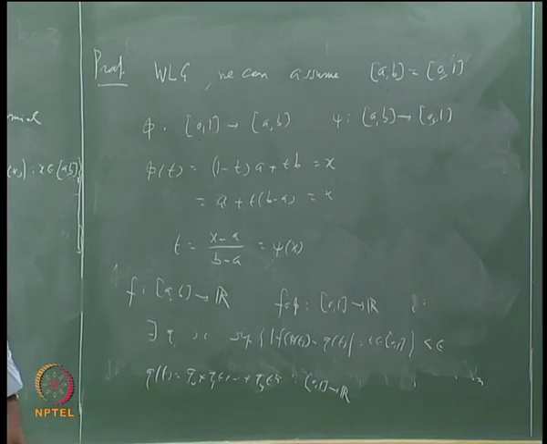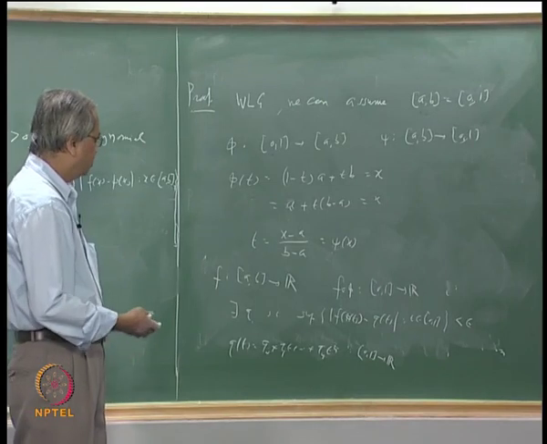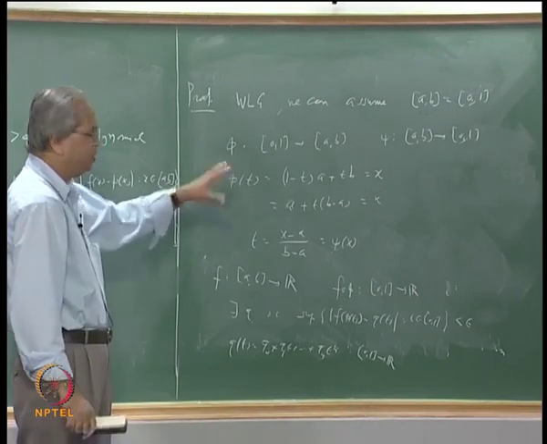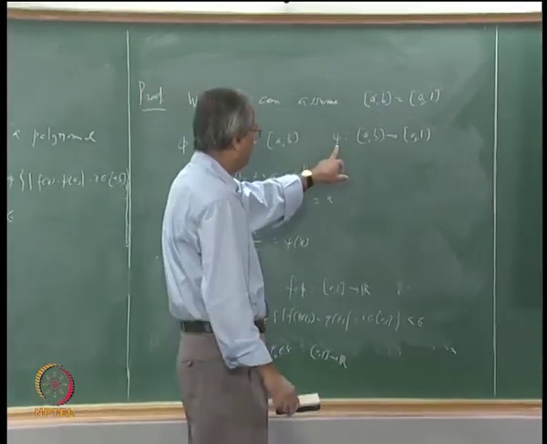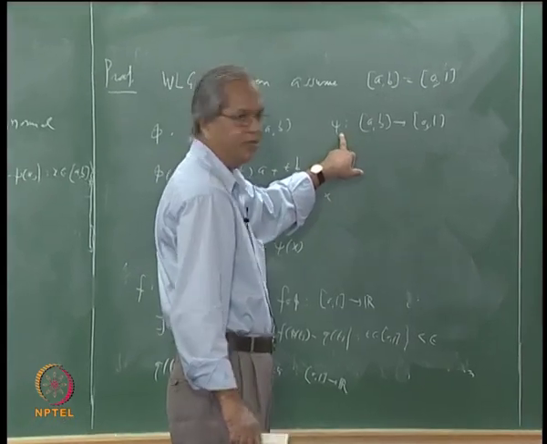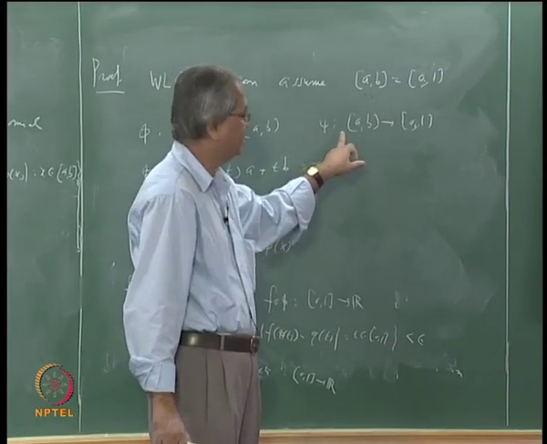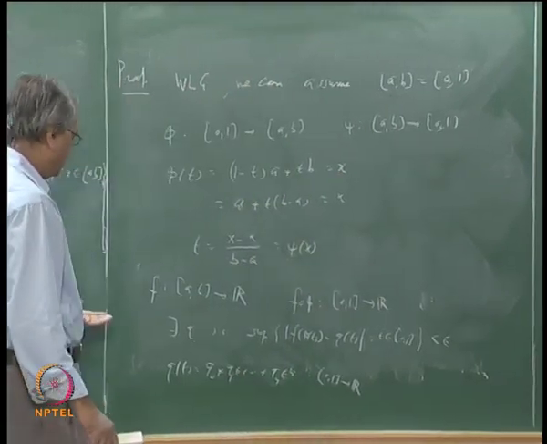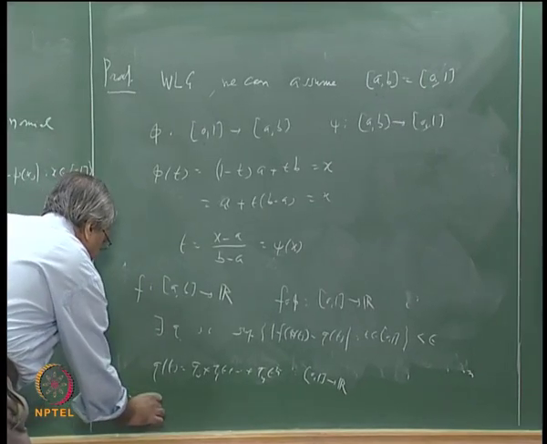But we actually want a polynomial not from 0 1 to R but from ab to R. Then we can consider the composition of q with psi, which will be from ab to R. Suppose I call that p as q composed with psi.